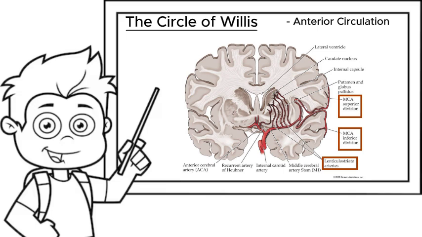The superior division heads towards the frontal lobe, while the inferior division heads towards the temporal and parietal lobe. It gives rise to lenticulostriate arteries, small perforating arteries that supply the basal ganglia and internal capsule. These arteries are prone to lipohyalinosis and are common sites for lacunar strokes.